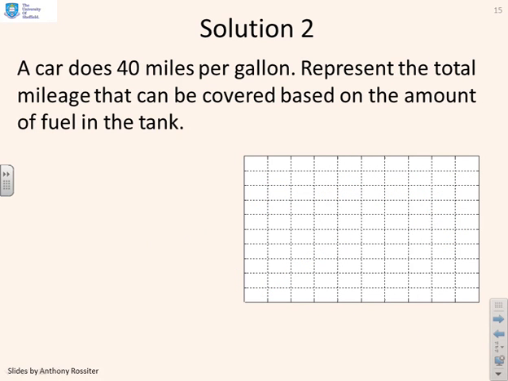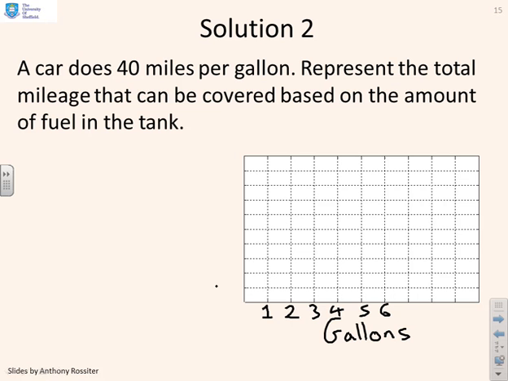Okay. Second one, a car does 40 miles per gallon. Represent the total mileage that can be covered based on the amount of fuel in the tank. So again, I could put down here on the horizontal axis the number of gallons of fuel that we've got. So I can have 1 or 2 or 3 or 4 or 5, 6 and so on.